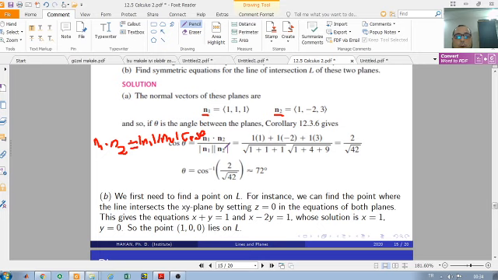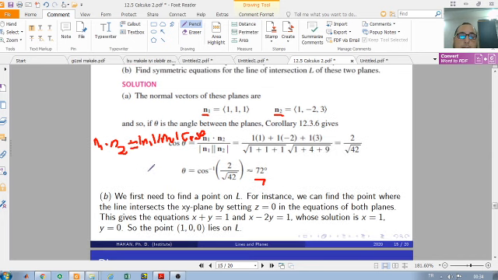Computing them, we get 2 over square root of 42, and taking the arc cosine, we get theta is arc cosine 2 over square root of 42, which is approximately equal to 72 degrees.